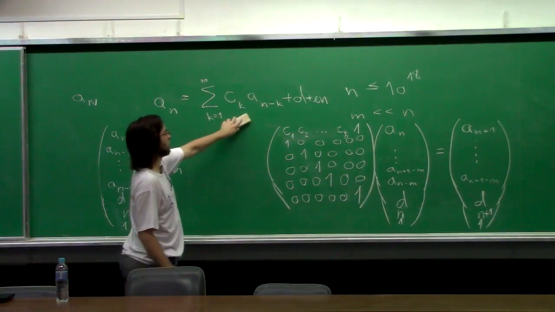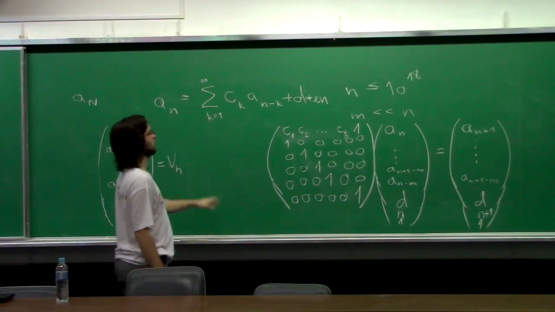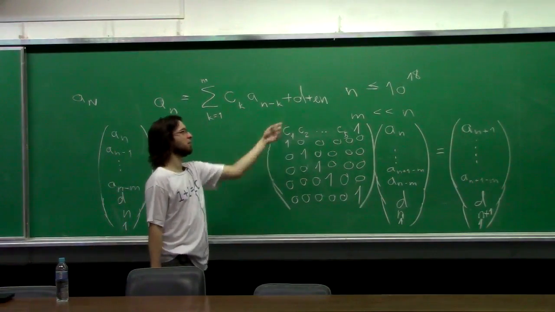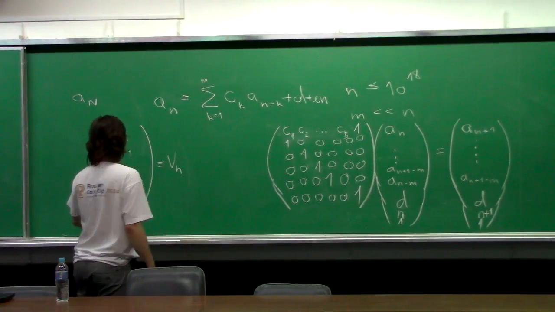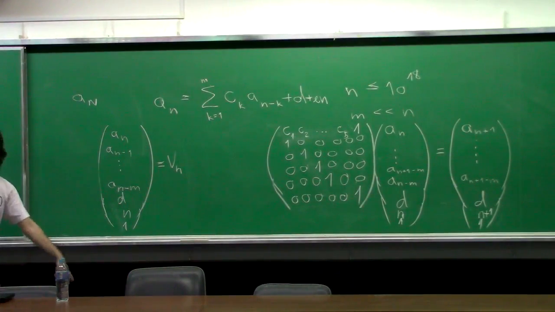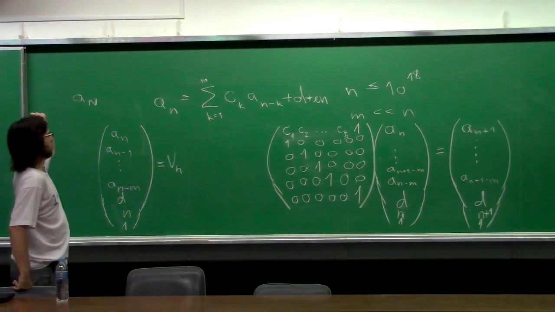If we had non-constant coefficients, we could keep the coefficients. For example, if c_k were equal to e times k, then we could keep those coefficients as some next terms of this vector.